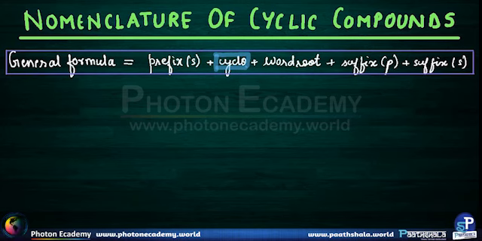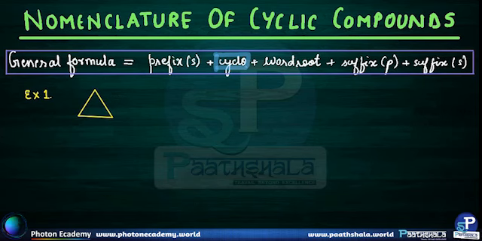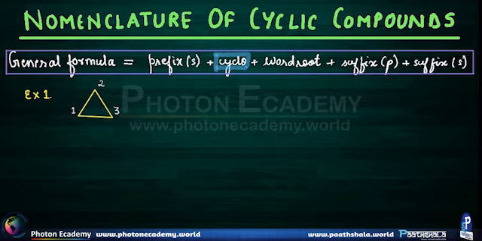So, our first example is... in this example, we'll do exactly the same thing. First, we'll number our chain. So, the correct numbering will be... After numbering the chain, we can see that the correct word root for this compound is prop.